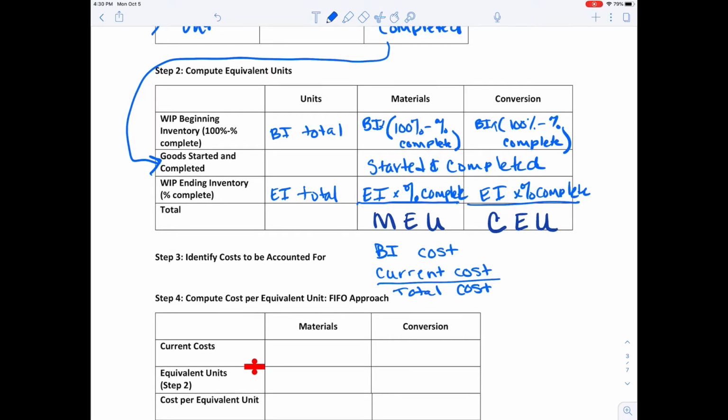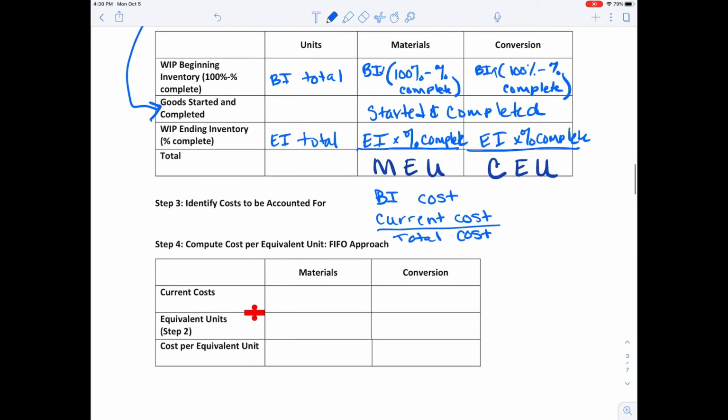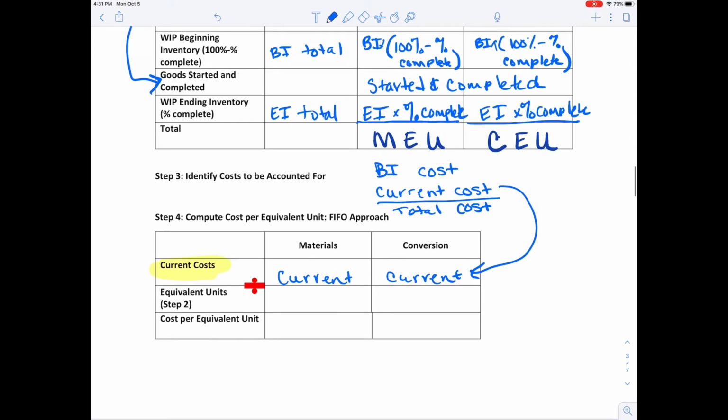So the first thing we're going to do that's different is we're going to bring in only those current costs into our cost per equivalent unit. So we'll look at only the current cost for materials, our current cost for conversion.